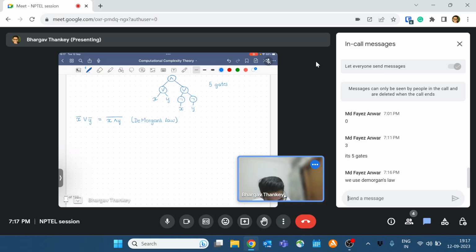And so we can draw this circuit: have just one NOT gate over here, have an AND gate as an input, and this has 4 gates.